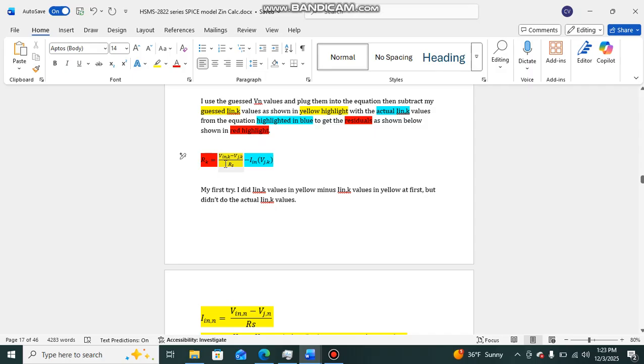But if we're below that, then we need to redo it again. We need to do Newton's iteration process and find new values for our junction voltage.